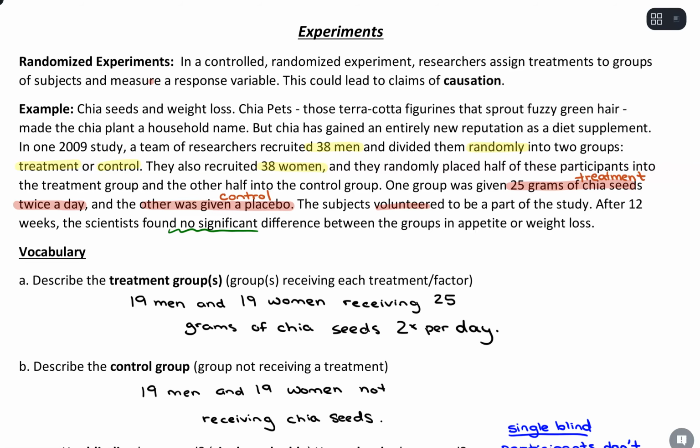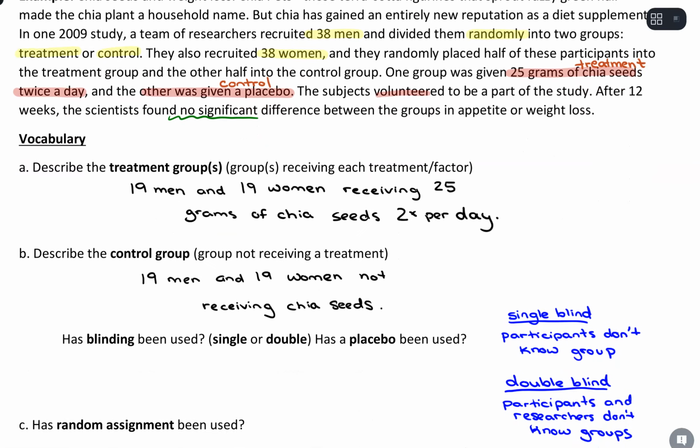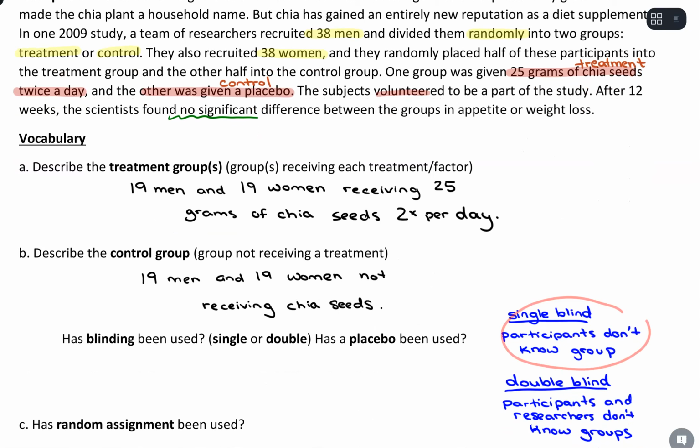So the fact that they're even using a placebo makes me inclined to think it's at least single blind. You wouldn't want the participants to know they're taking a placebo, so they shouldn't know. We don't have wording confirming that it's double blind, but maybe it is.